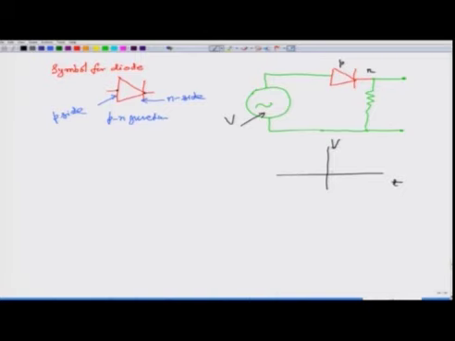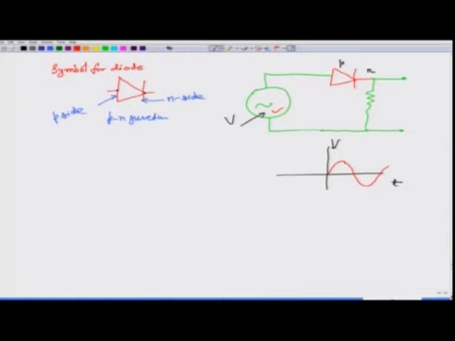Since it is an AC, what you have is a waveform which will look like this, it will continue. So, the source here is providing this kind of a voltage.